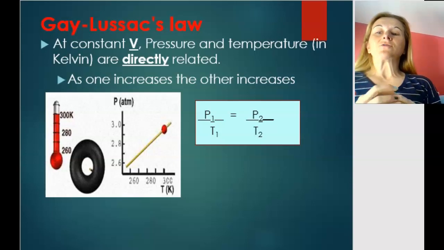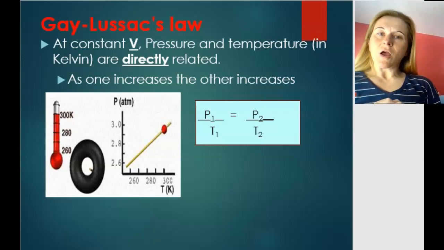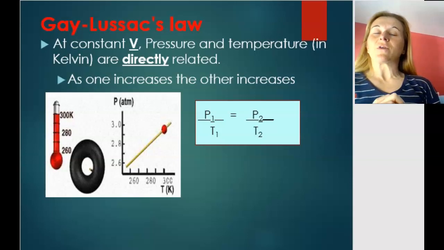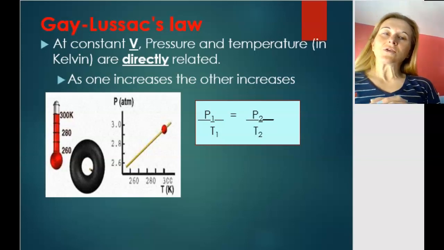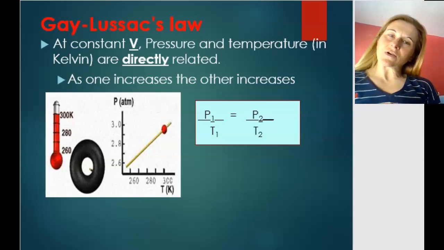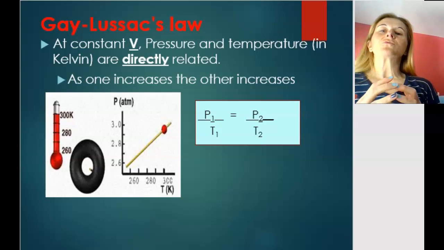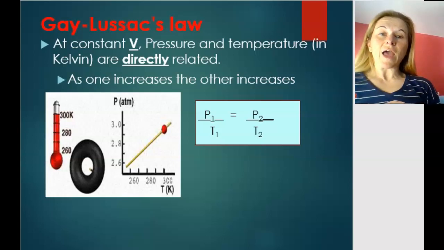And then we talked about Charles' law and how volume and temperature are related, so that if temperature increases, the volume increases, and if the volume decreases, then the temperature is going to decrease, and how they are directly proportional to each other. And we got an equation for that.